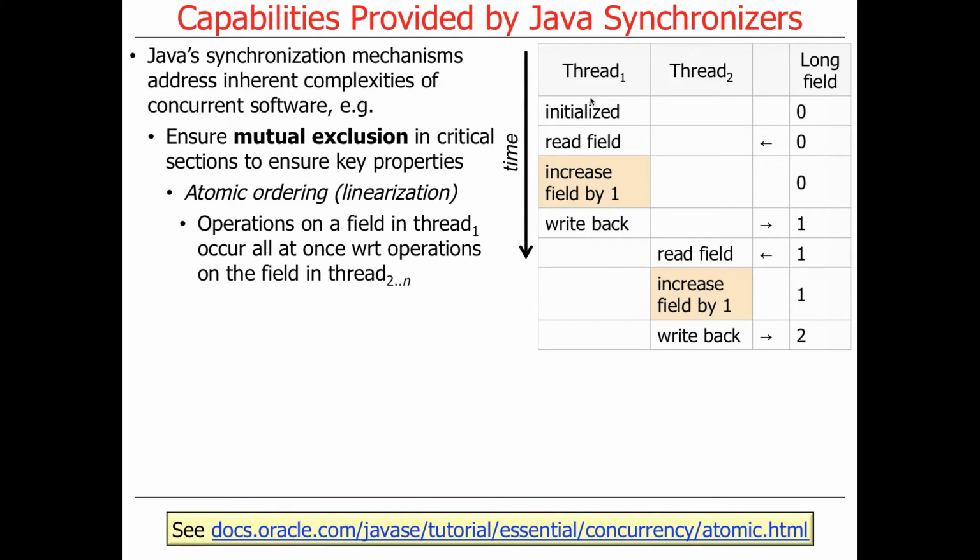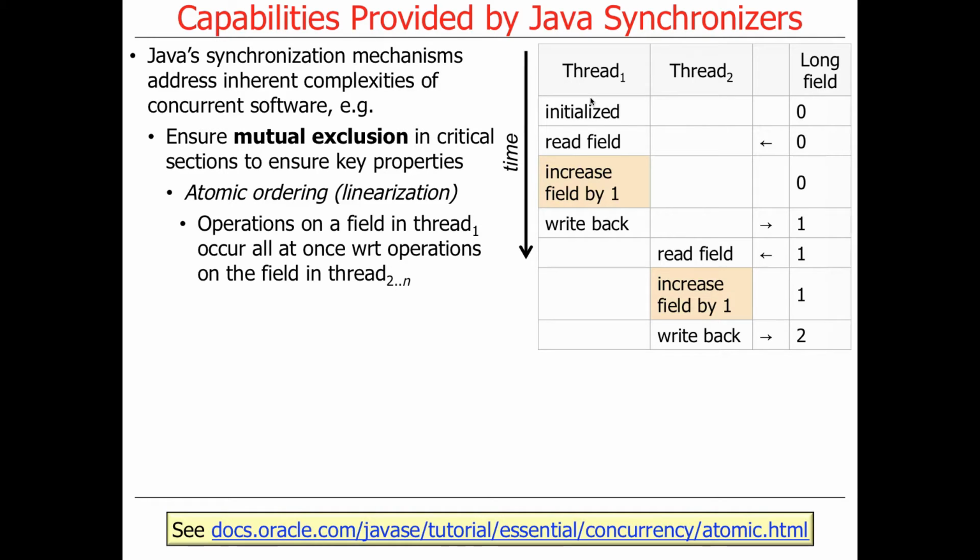With respect to the kinds of things that we care about here, this really involves operations on fields that are shared between threads. So if you take a look at this example here, basically we have two threads that are sharing a common field, which happens to be a long in this case. The field starts out initialized to 0.